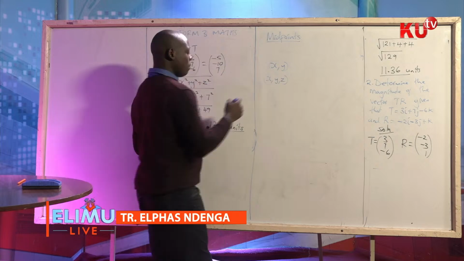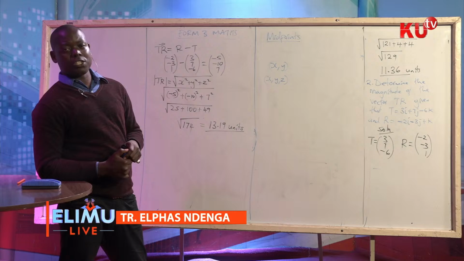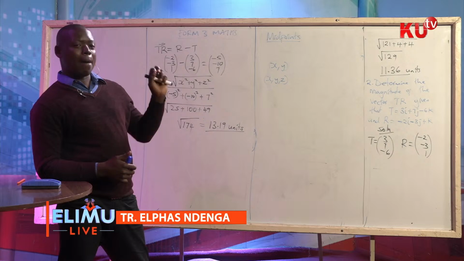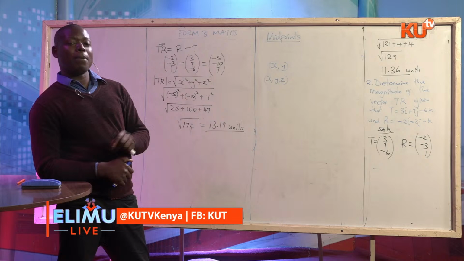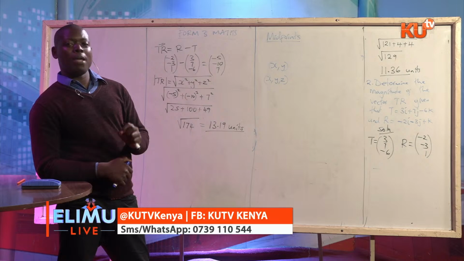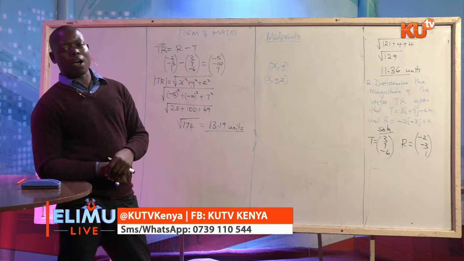Therefore, we must have 3 components represented in the midpoint of a particular set of points. Remember, a midpoint is not necessarily a vector, but it could be a representation of a certain set of points that you have.